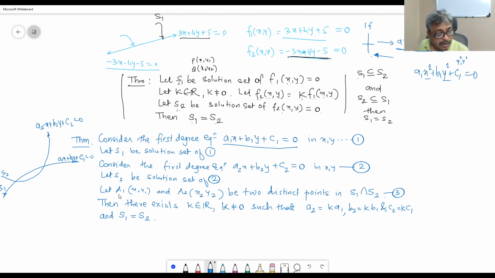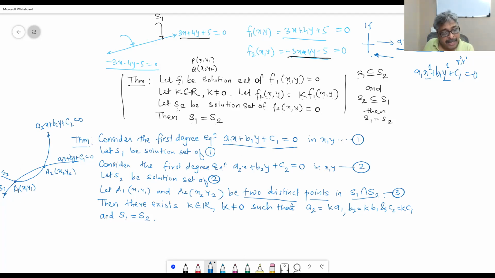Okay. So I am considering that these are the two solution sets of these two equations, and they have more than 2 points in common. I am assuming that this point is A1, whose coordinates are x1, y1, and this point is A2, whose coordinates are x2, y2. These are two distinct points in S1 intersection S2.